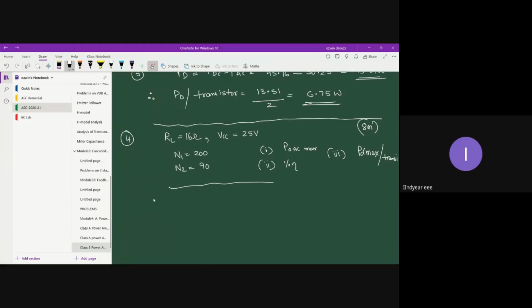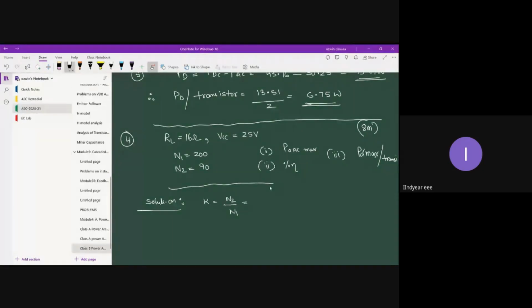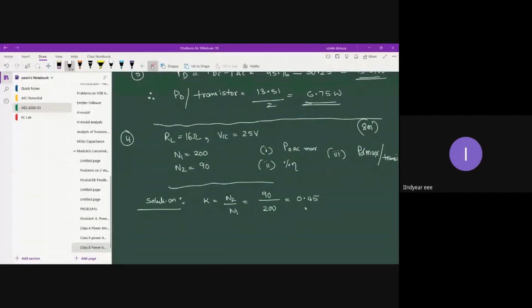Okay. Fine. So first let us find out the transformation ratio. So solution, let me write. Okay. First you find out K. K is N2 by N1. So what is N2? 90. And what is N1? 200. So that ratio gives a transformation ratio of 0.45. So obviously it's a step down transformer as expected.